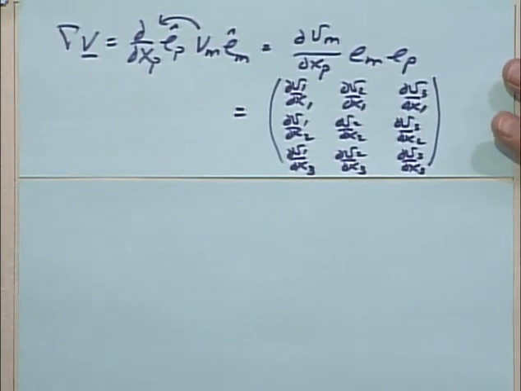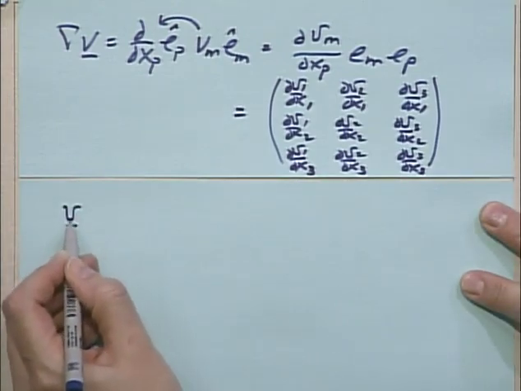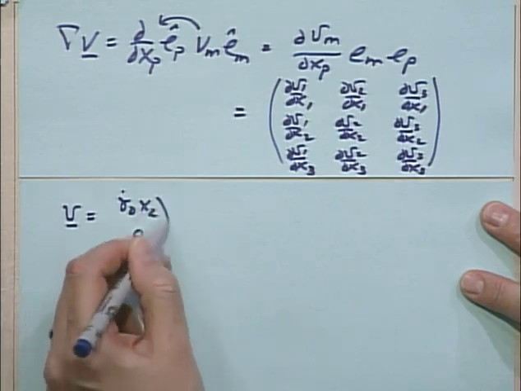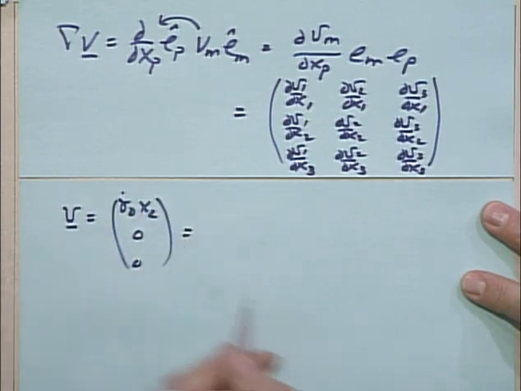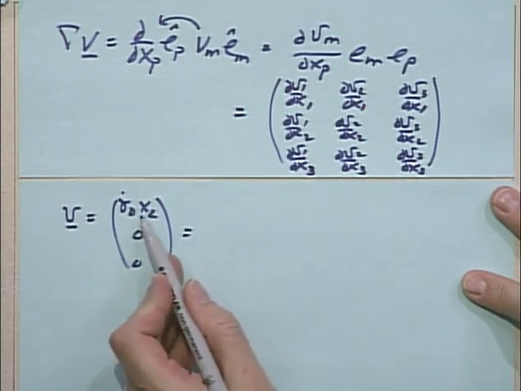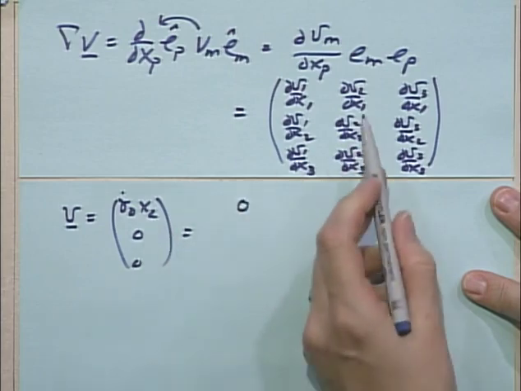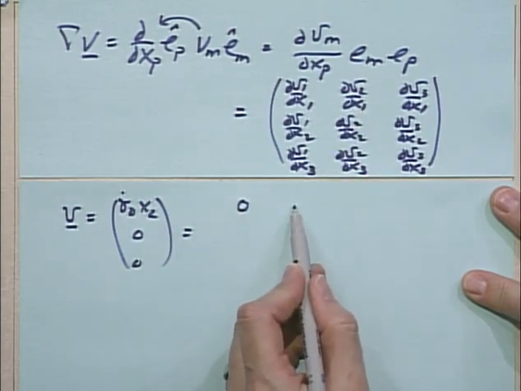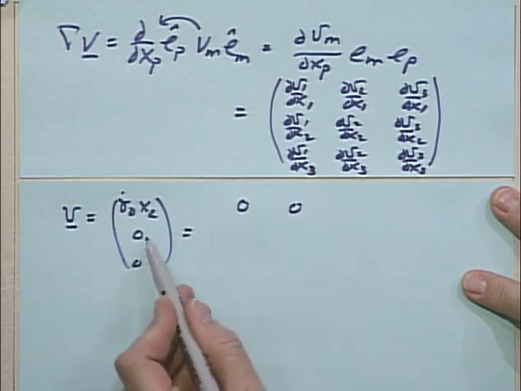But we know the velocity field. It's defined as part of the material function. We know that V is equal to gamma dot naught x2, 0, 0. So what's dV1 dx1? 0. There's no x1 here, right? What's dV2 dx1? 0, because V2 is 0, right?